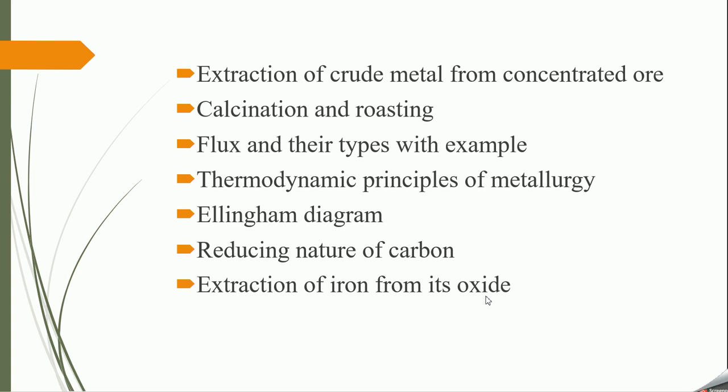What is pig iron? Pig iron consists of 4% of carbon with other impurities like sulfur, phosphorus, silicon, manganese, etc. Cast iron is very hard and brittle with 3% of carbon. And wrought iron or malleable iron is the purest form of iron.